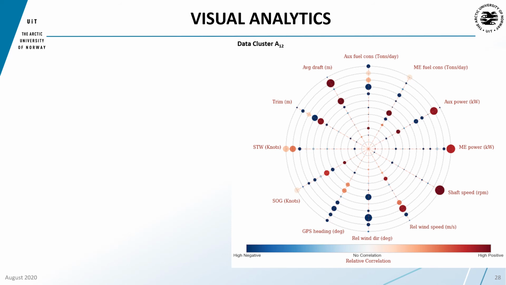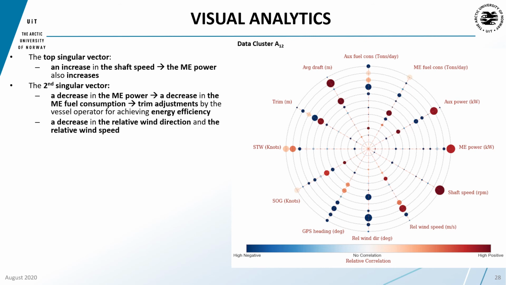Let's take a look at the top singular vector. There is an increase in the shaft speed, so the main engine power also increases. For the second singular vector, a decrease in the main engine power leads to a decrease in the main engine fuel consumption.